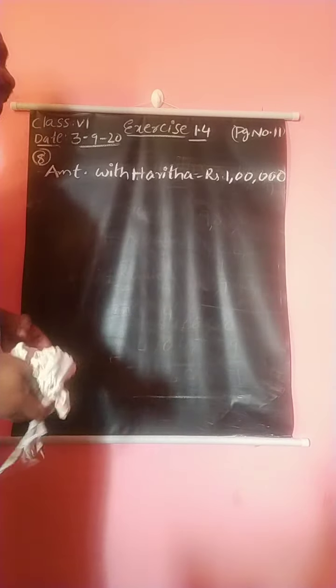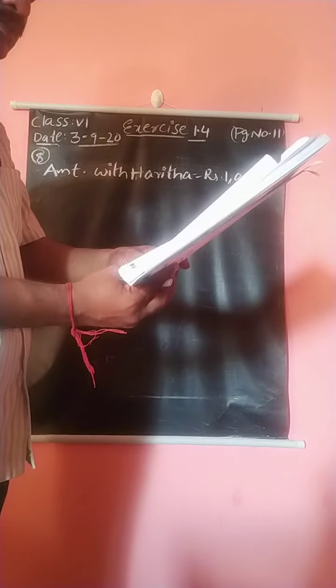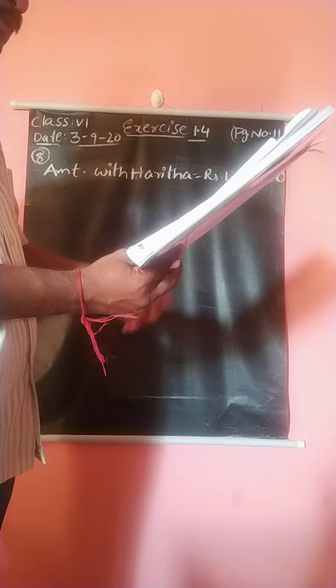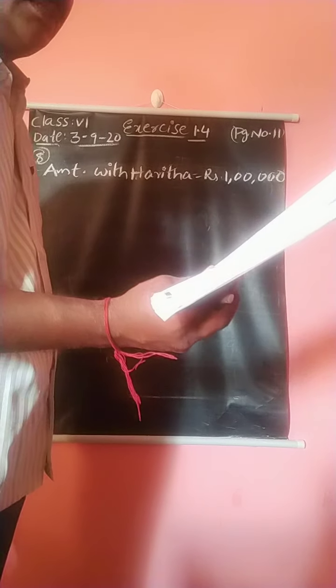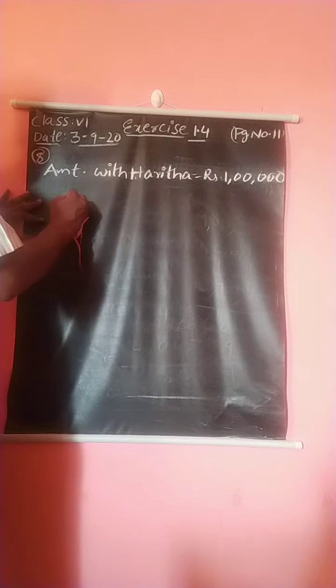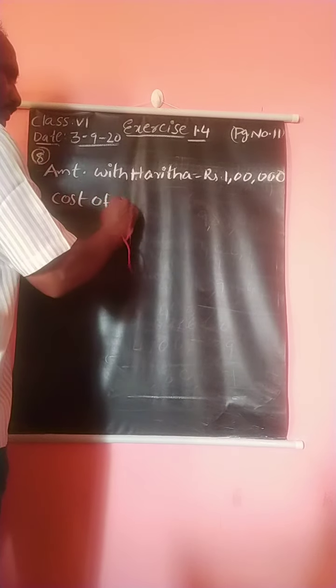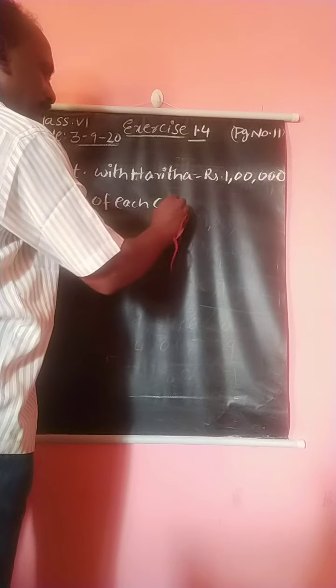Exactly finished. But she has to buy how many fans? 124 ceiling fans. What is the cost of each ceiling fan? 726 rupees. First you should write the cost of each ceiling fan.